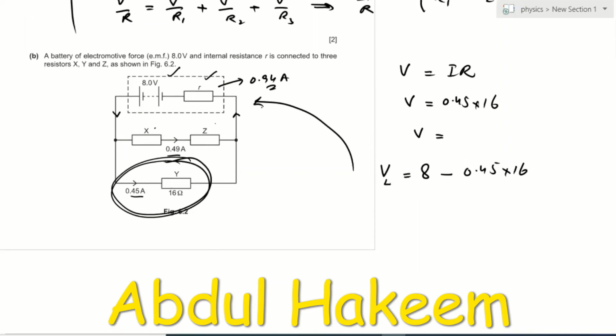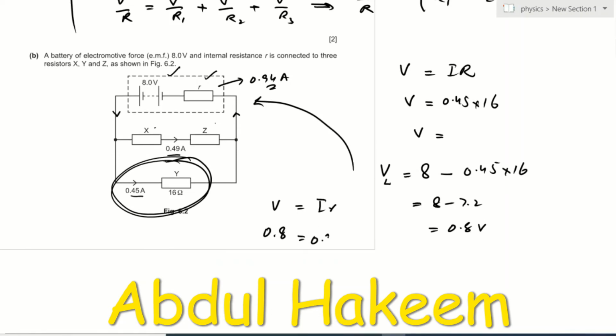So calculate this. 0.45 times 16 is 7.2. So 8 minus 7.2 means 0.8 volt is lost across the internal resistance. Hence, V is equal to I into r. So the voltage loss is 0.8.